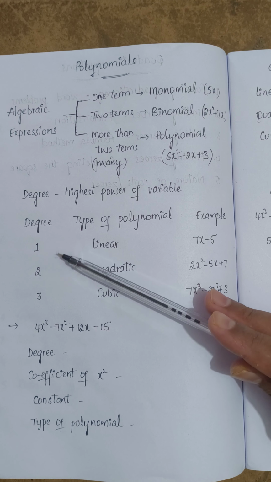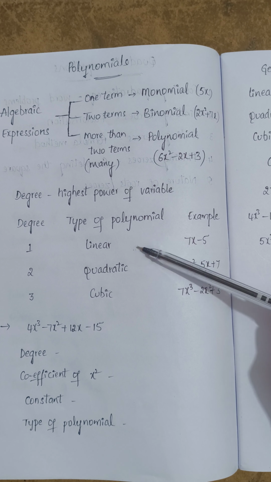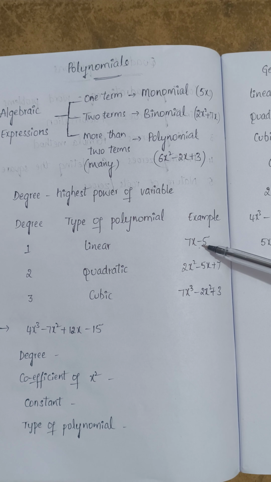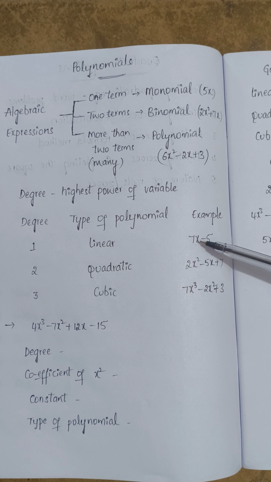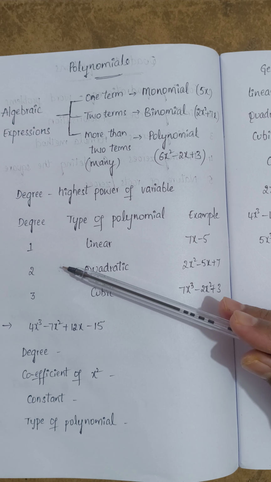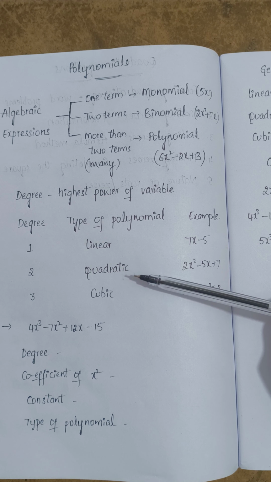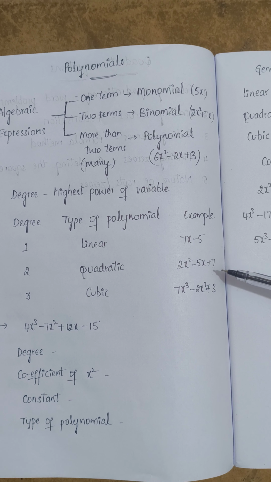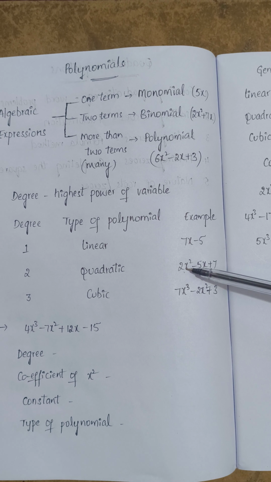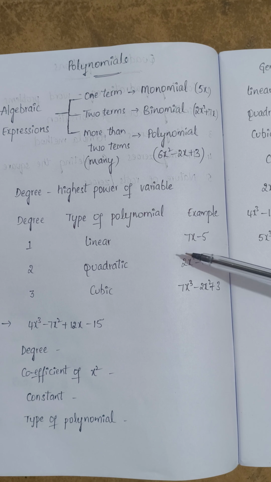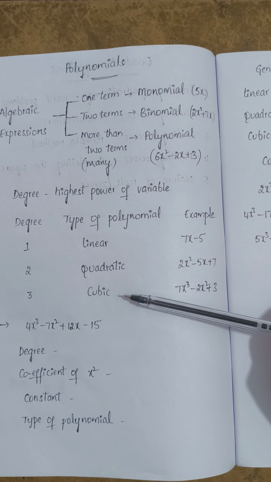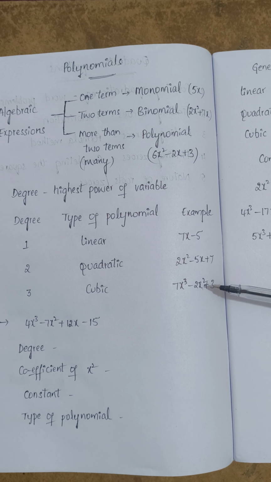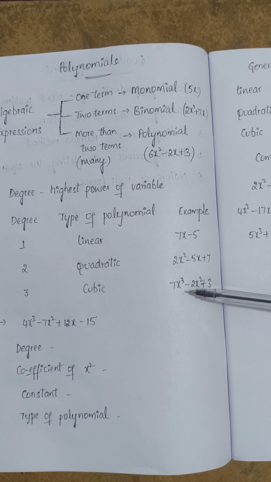If the degree is 1, we call it a linear polynomial, and the example is given here. See, the power of x is just 1. If the degree is 2, which means the highest power is 2, we call it a quadratic polynomial, and you can check the example where the highest power of x is 2. If it is 3, we call it cubic, and this is one example of a cubic polynomial.